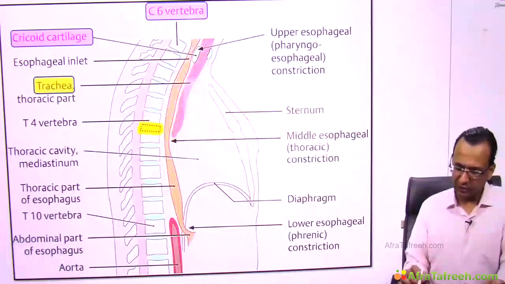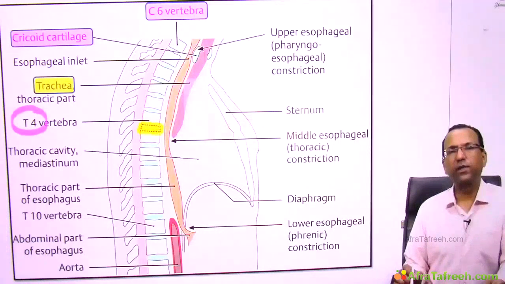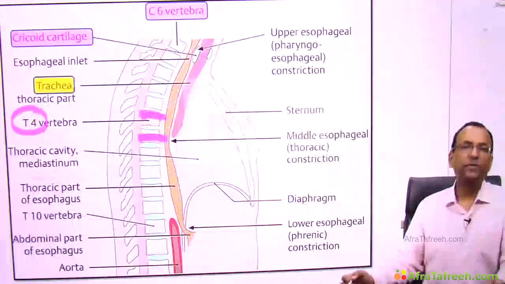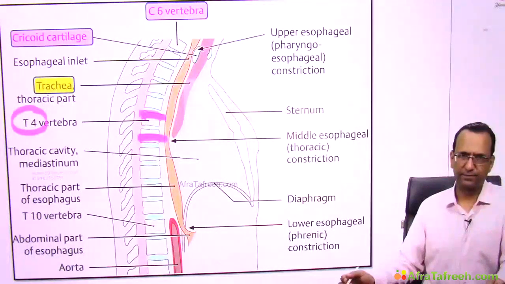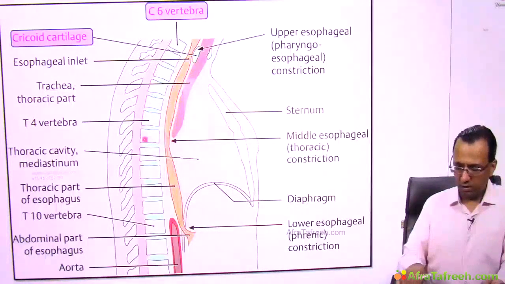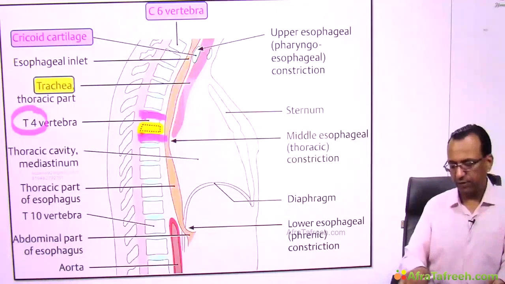At the disc between T4 and T5 vertebra. What if the disc between T4 and T5 is not given? Then I'll say the upper border of the T5 vertebra.